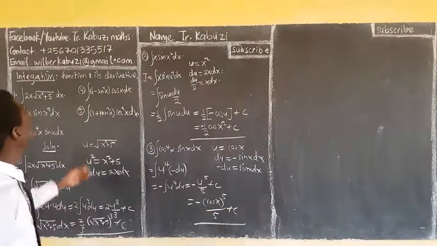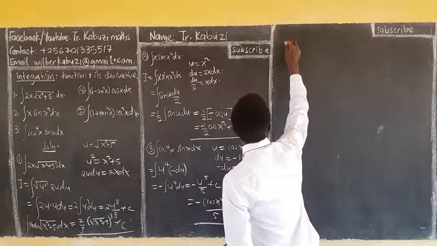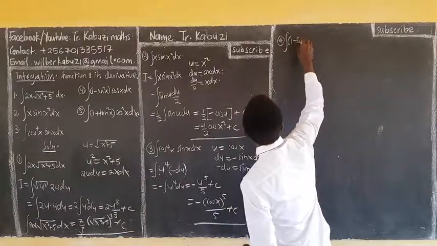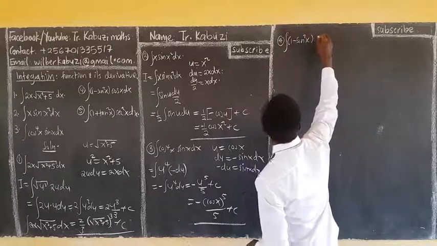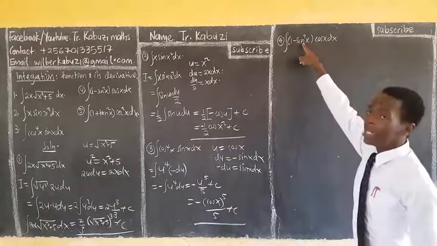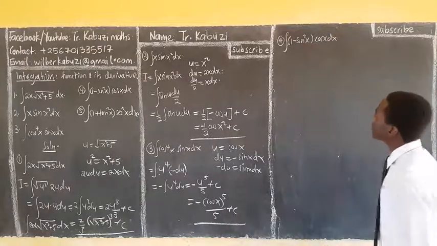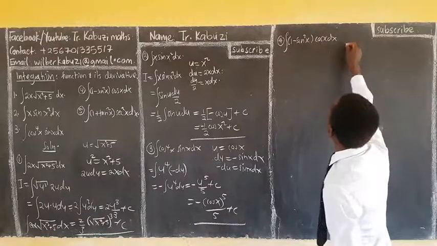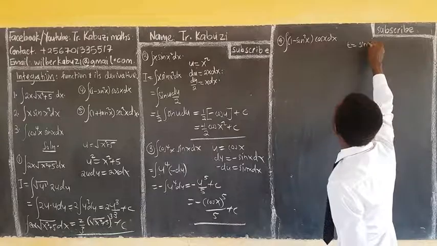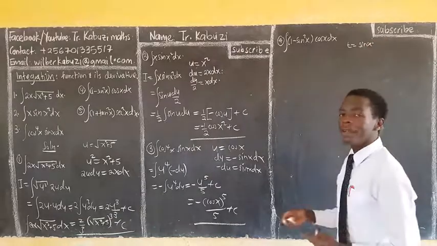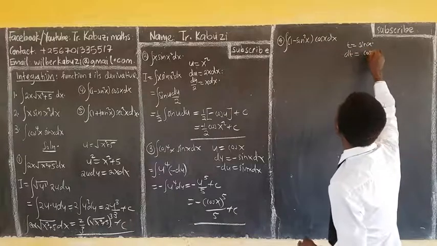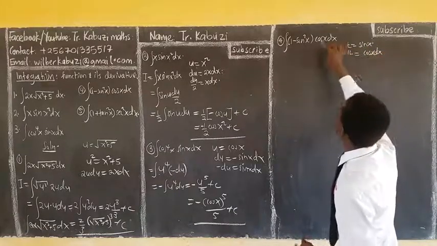Now, if I come to number 4, you see I have the integral of 1 minus sine squared x, then cos x dx. The one with the big power here is sine, so you remove that sine. So you can say let t be sine x. You can let this variable change. So you have now dt, when you differentiate sine you get cos x dx. Cos x dx is already there.